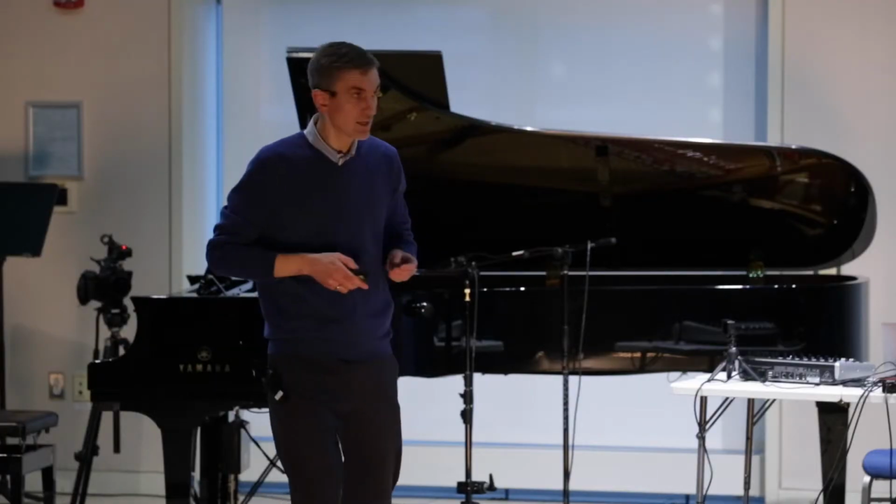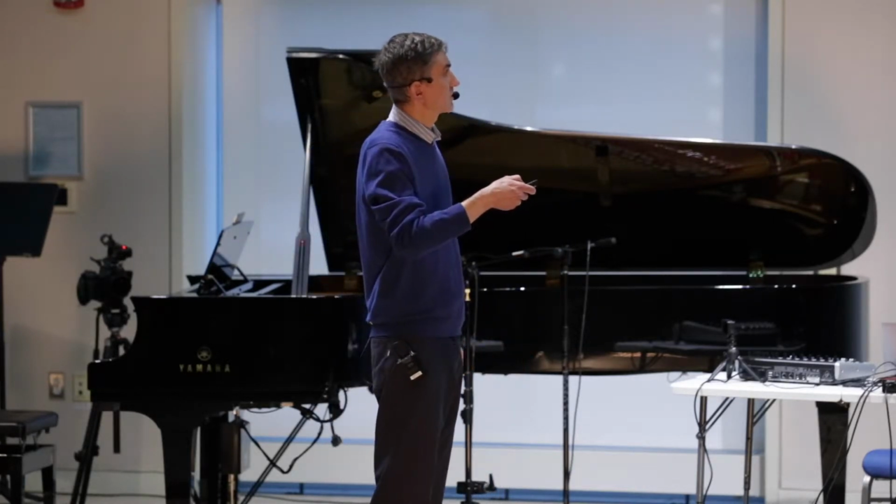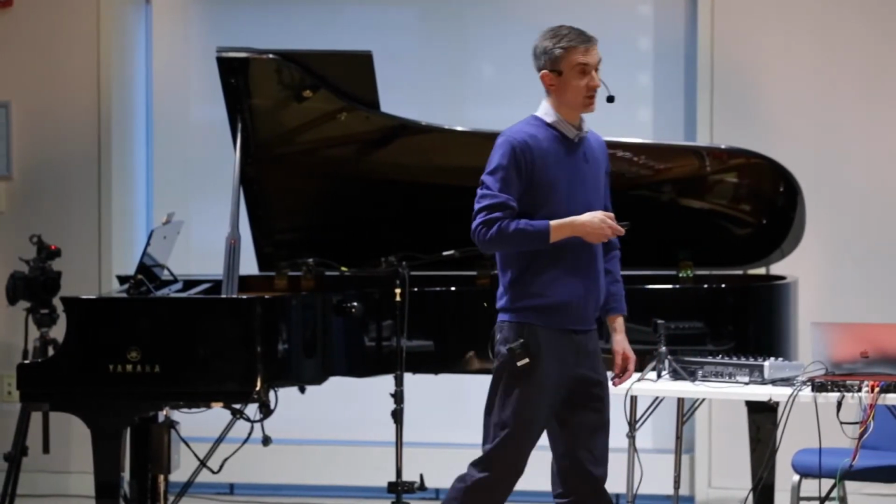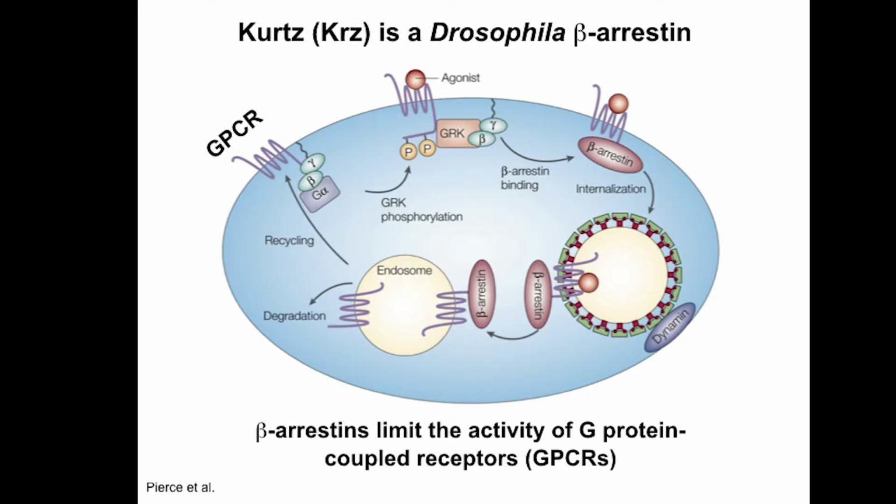They are called this way because they stop or arrest the signaling from a class of receptors in mammals and in flies called GPCRs. And they do this by internalizing the receptor away from the surface of the cell inside so that they no longer can interact with extracellular signal molecules.